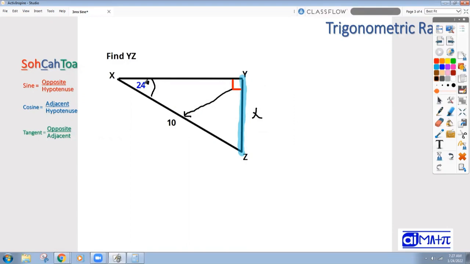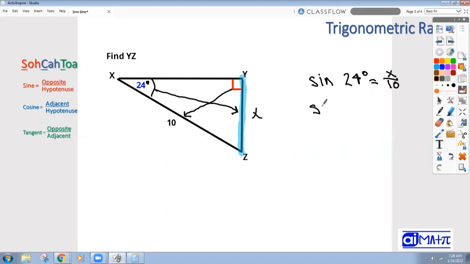And again, this angle is across from this side, so we refer to these as opposites when we see that. So opposite over hypotenuse, which means I would again write the sine of 24 degrees is equal to X over 10. That's my opposite over my hypotenuse.